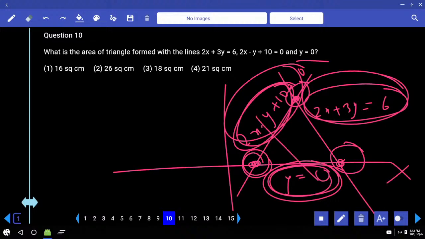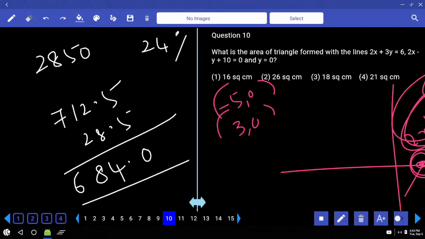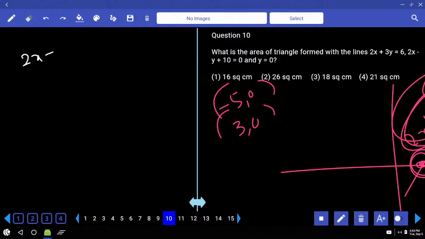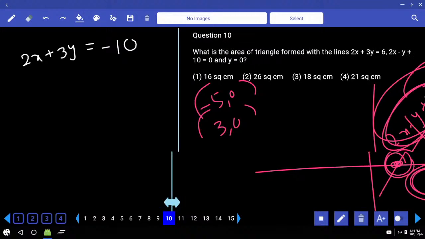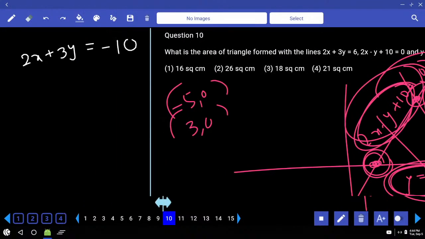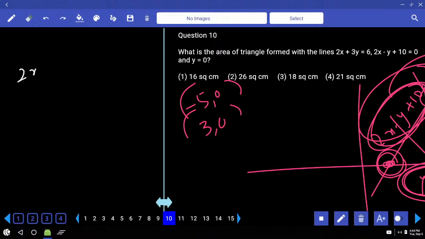Y equal to 0, substitute y equal to 0, then x equal to minus 5. So minus 5 comma 0. Let us solve these two: 3 comma 0. Let us solve these two. Sorry, 2x plus 3y equal to 6 and 2x minus y equal to minus 10.